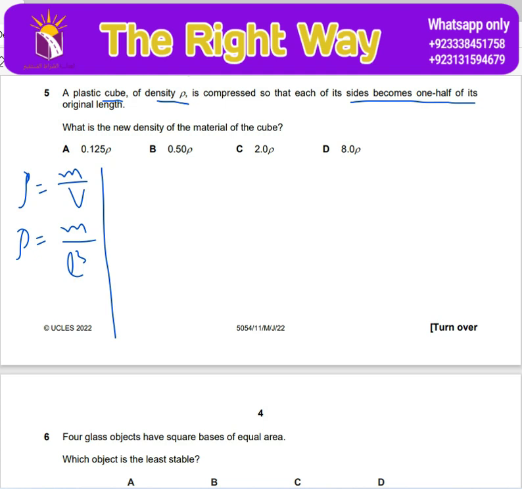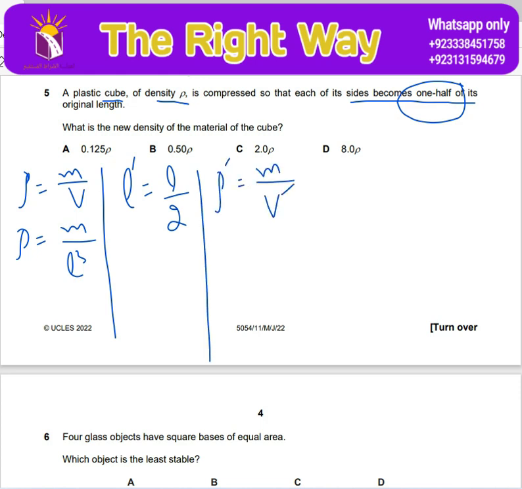The volume of the cube is L cube. Now as our length becomes half, the changed length is equal to length divided by 2. And our new density will be mass divided by the changed volume, which is the changed length cube.